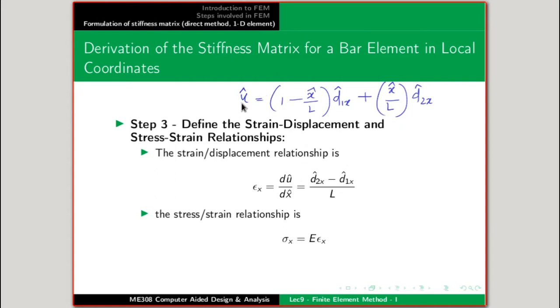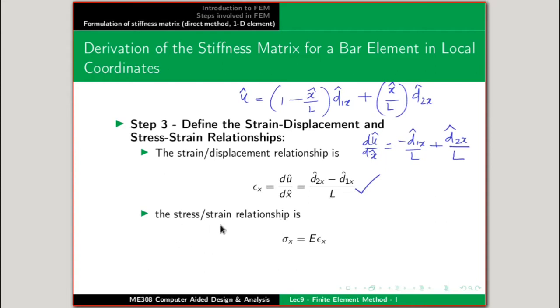So if you differentiate it, du by dx cap, in the first term we get minus d1x cap divided by L, and the second term will be d2x cap divided by L. So this is the strain along the x direction.